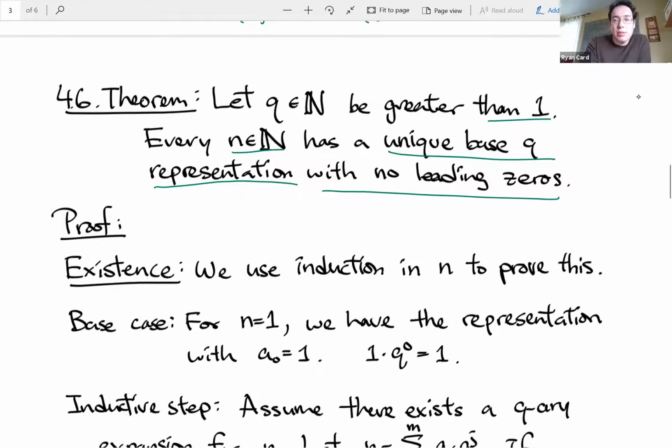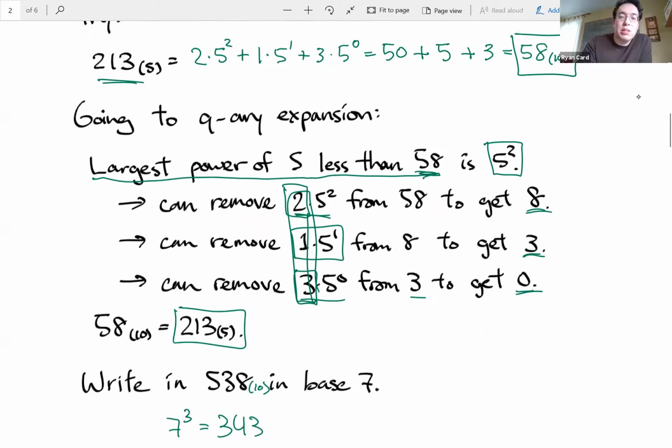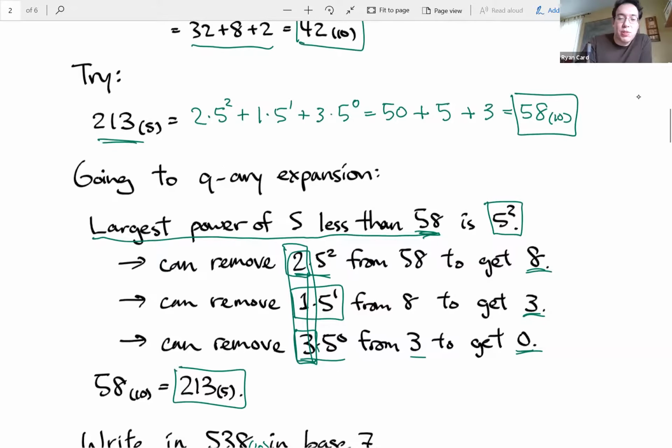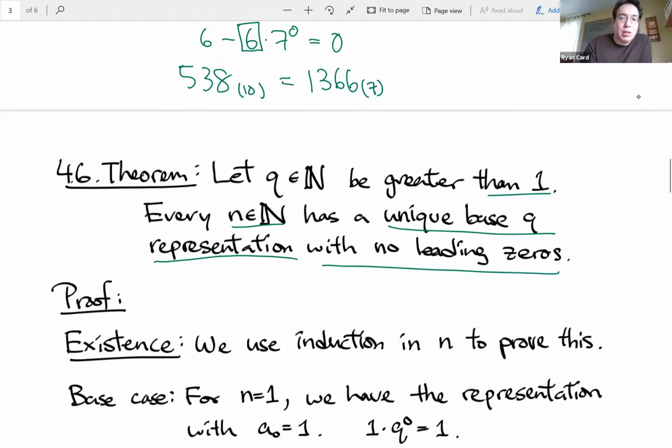So we have this new construction of q-ary system. For this to be useful, it'd be nice if every number could be written in this way. That's not obvious just from saying, well, base means you use different powers of those numbers. It's unclear if every number could be written as such a combination. So that's one thing, the existence of base q representation.